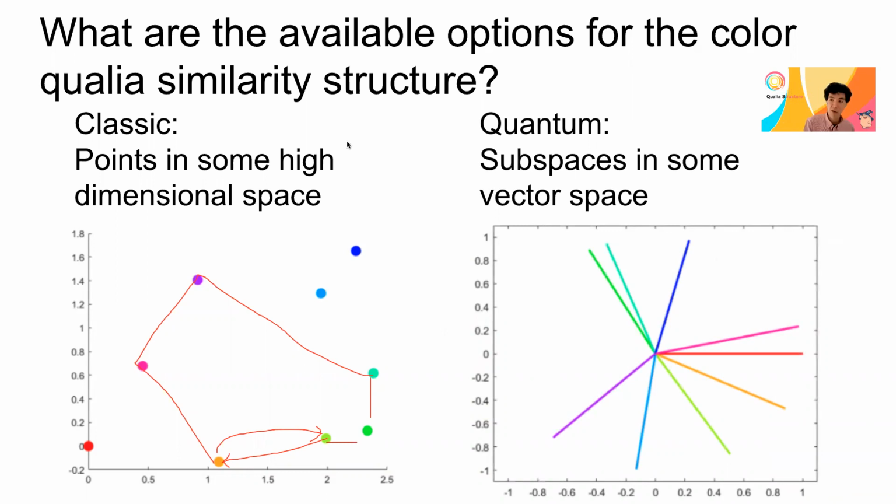If you're not familiar with physics or mathematics, subspaces, vector space, quantum may all feel really weird, but what I wanted to deliver is that the left side classic approach is not the only one that has been proposed as a Qualia structure. And which one is better is actually an empirical question.